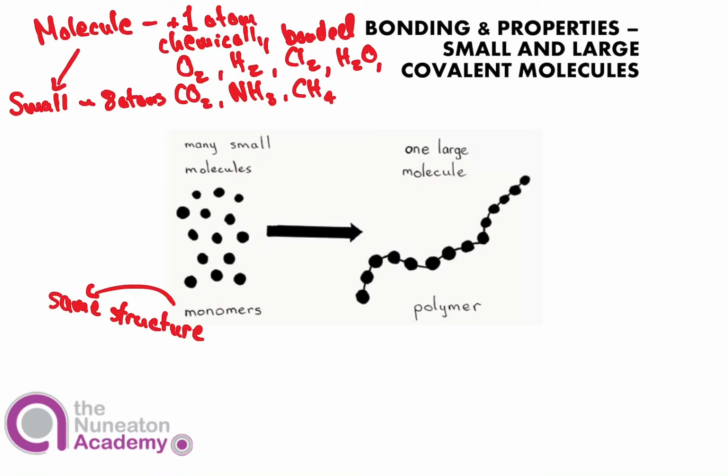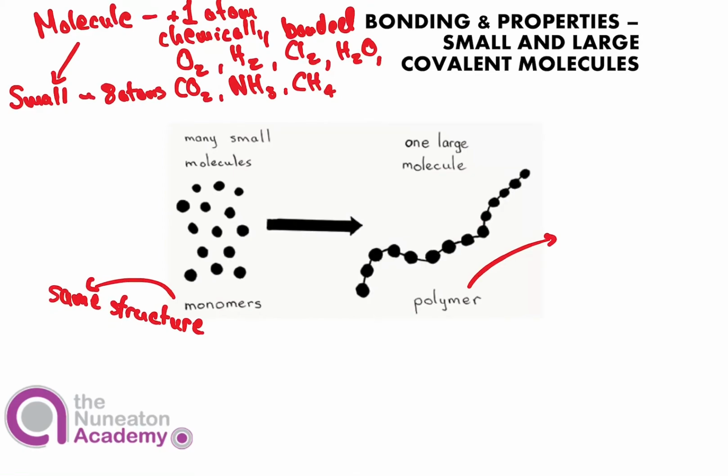But when it comes to covalently bonded molecules, they can sometimes bond together, and these monomers can form what we call a long-chained polymer. Polymers are simply covalently bonded substances that are all the same, so we say that they are made up of repeating subunits, and they are obviously held together by strong covalent bonds.